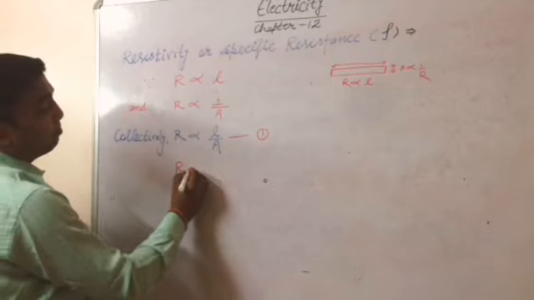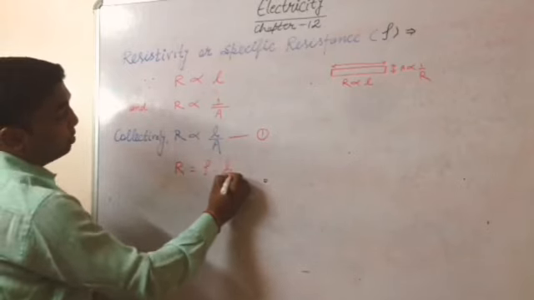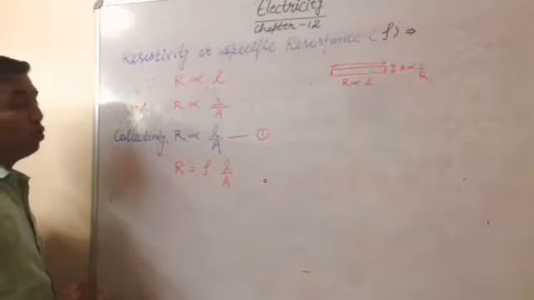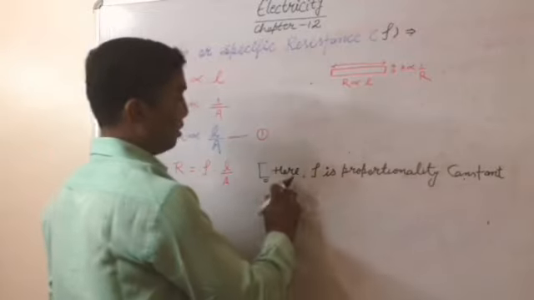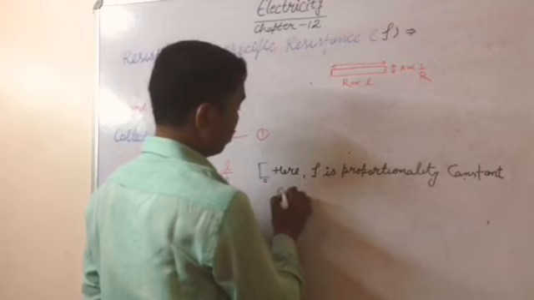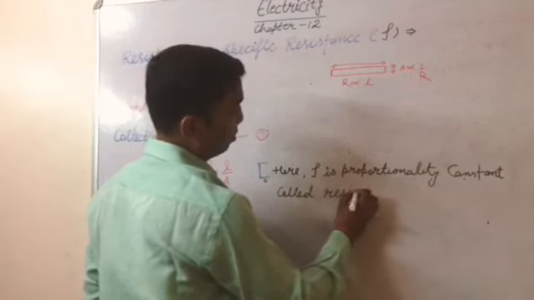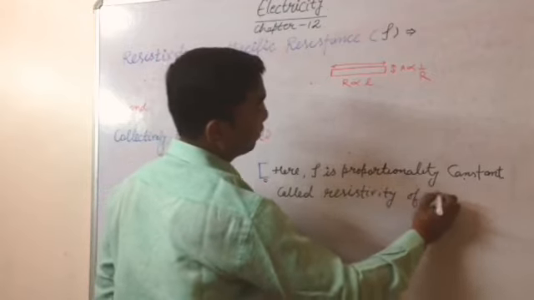So R will become rho into L upon A. You will have to give the information about rho. Here rho is the proportionality constant called the resistivity of the conductor.